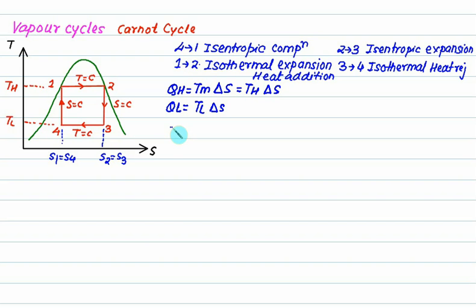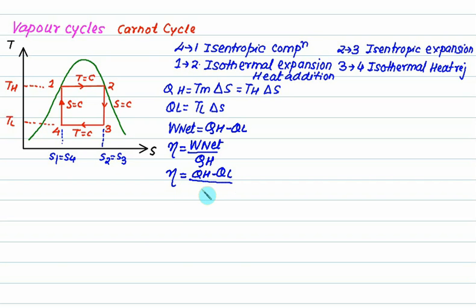So the cyclic integral of del Q is the net heat supplied, heat supplied minus heat rejected, and the efficiency equals QH minus QL upon QH. So QH by QH is 1 minus QL upon QH.